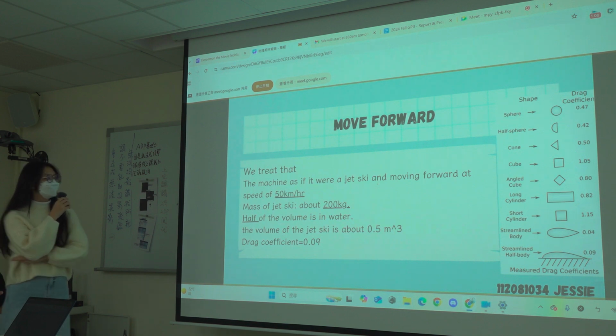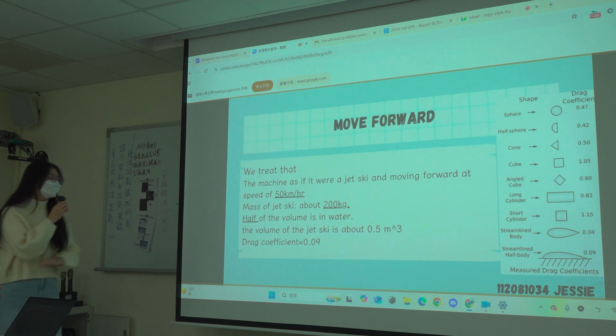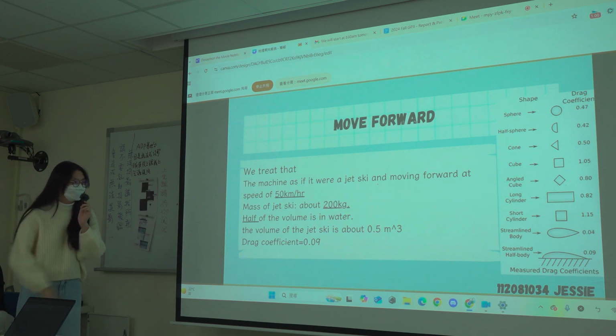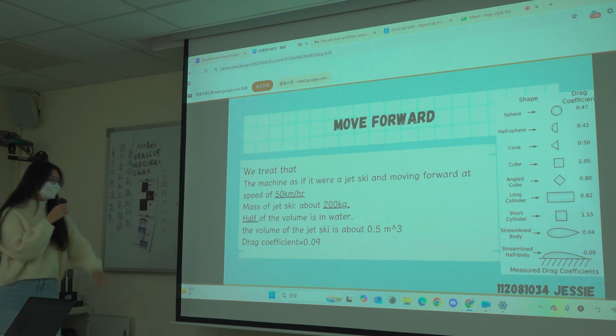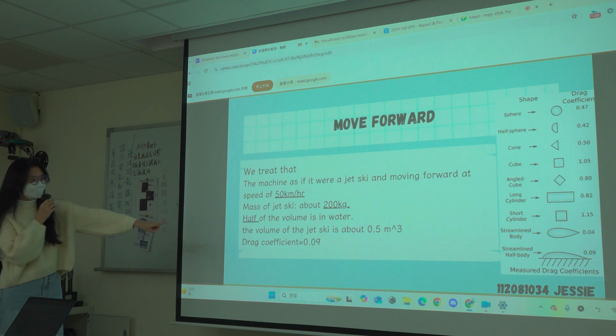Okay, and the mass of the jet ski, I searched it on the internet, is about 200 kilograms. Half of the volume is in the water. The volume of the jet ski is about 0.5 cubic meters. And the drag coefficient, I searched it on Wikipedia, is like 0.09.